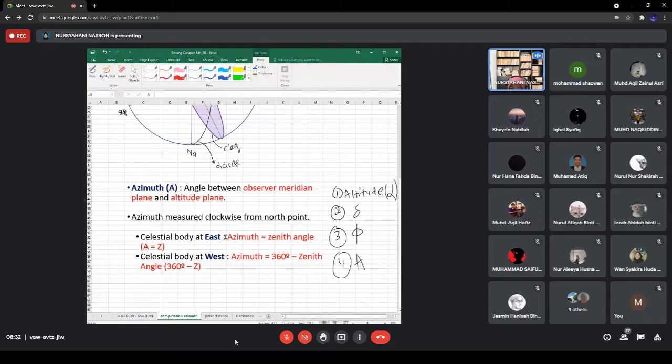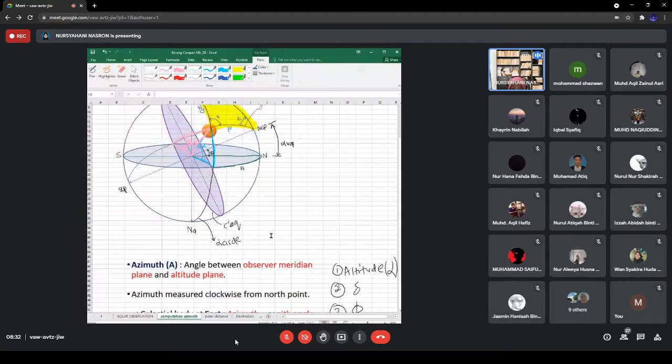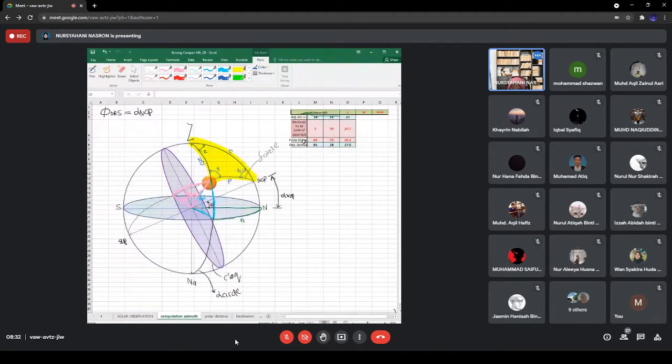And we want to calculate the azimuth, which relates to the zenith angle. So we have these four parameters, and we will use them in the astronomical triangle formula to determine the zenith angle. What is it? Cos A.